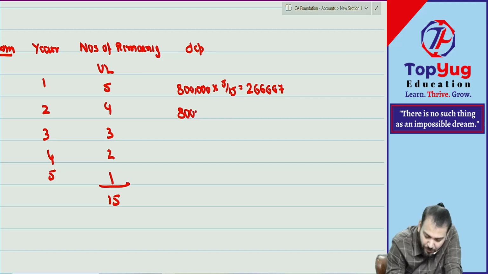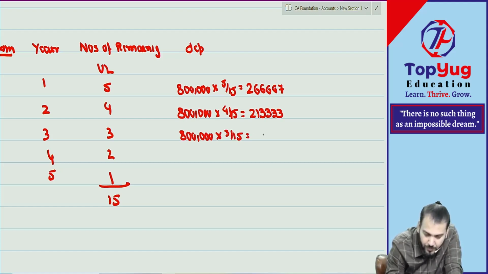Then second year 8 lakh into 4 by 15, 2,13,333. Then 8 lakh into 3 by 15, 1,60,000.